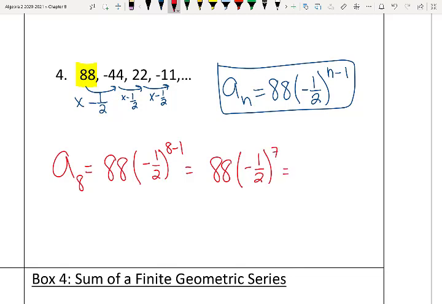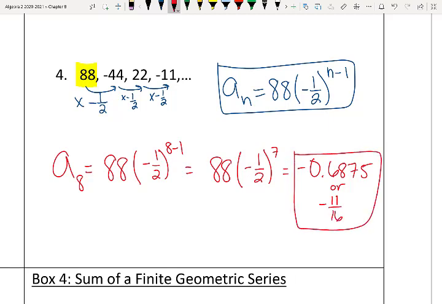On your calculator, you would do negative 1/2 to the 7th power times 88, which will probably spit out negative 0.6875. If you do it the old-fashioned way, with negative 1/2 to the 7th power and then multiplying by 88, you end up with negative 11/16. Either of those two is totally fine, but that should be my solution for number 4.